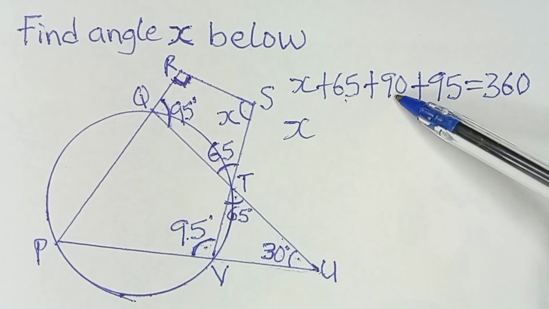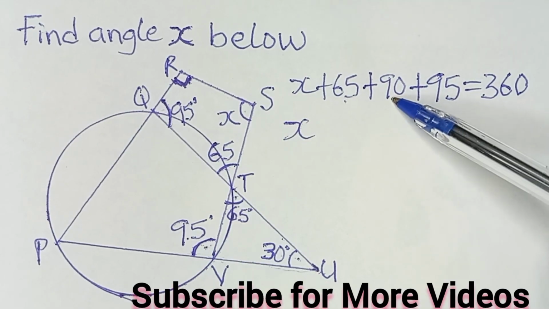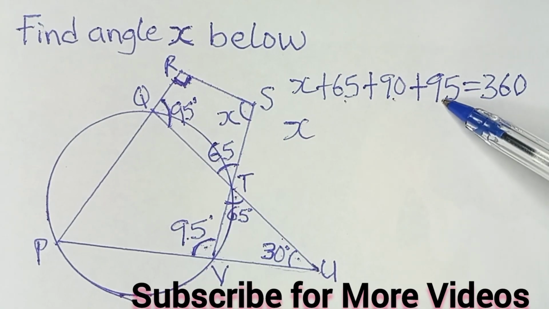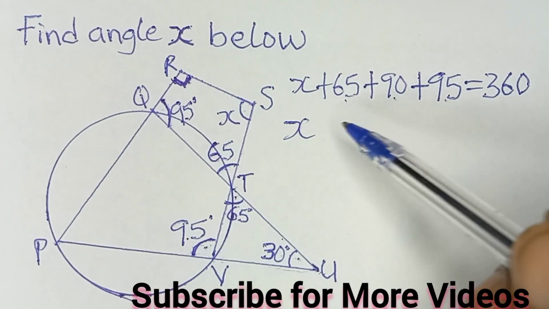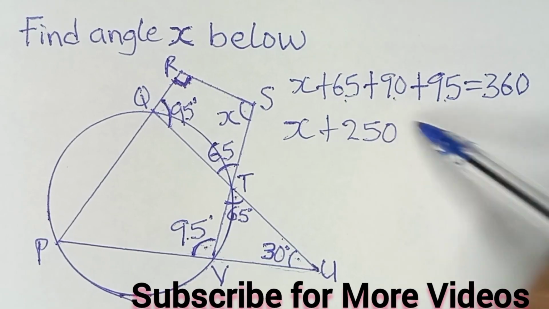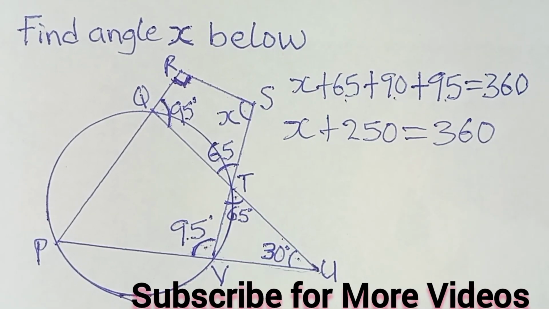So from there, I can now say X, 65 plus 90 will give us 155. 155 plus 95 is going to give us 250. So that will now say X plus 250 is equal to 360 degrees.